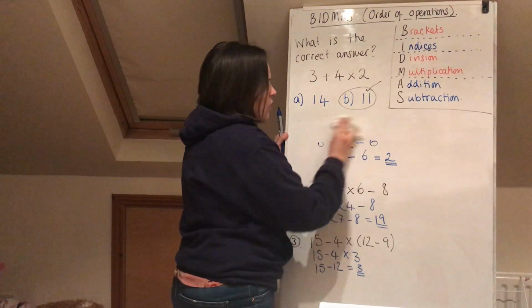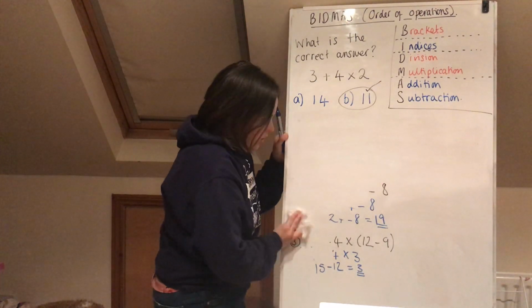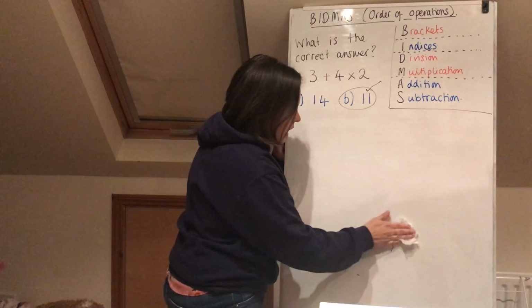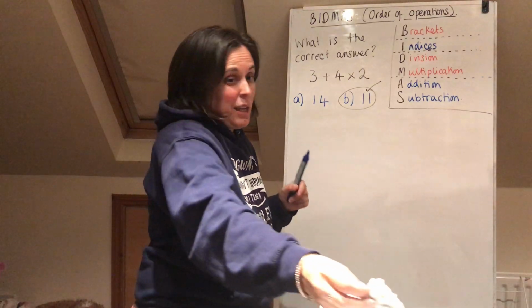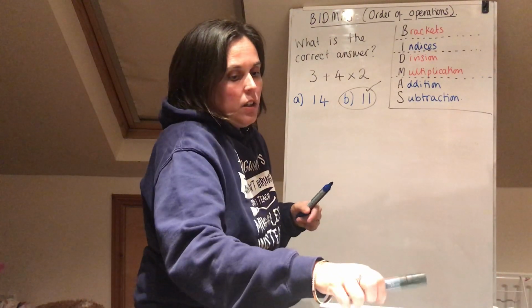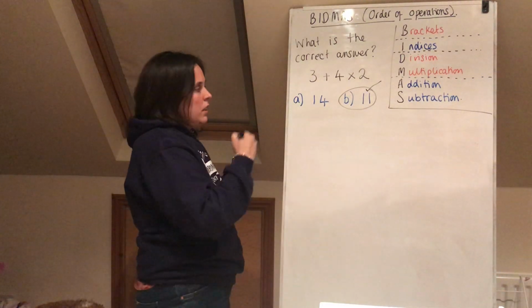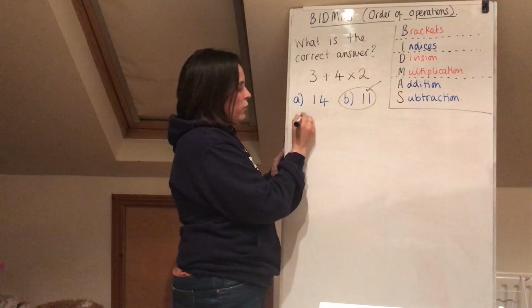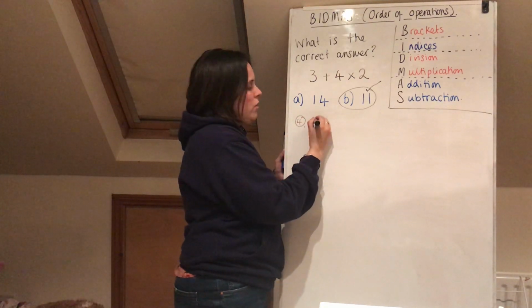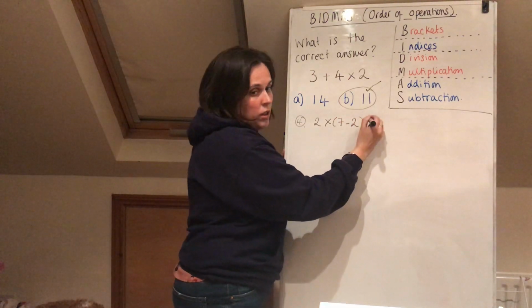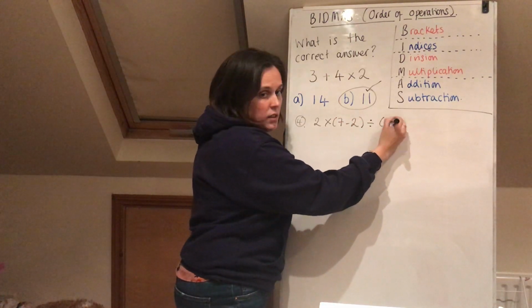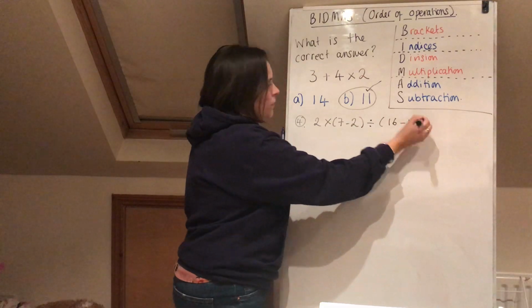So I've got another 2 examples for you just to show you how to do it when you've got more things going on, but really the steps are exactly the same. So the first one is, this is number 4, 2 times 7 take away 2 divided by 16 minus 11.